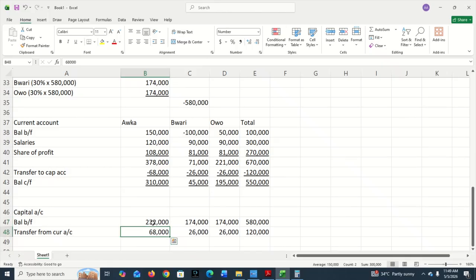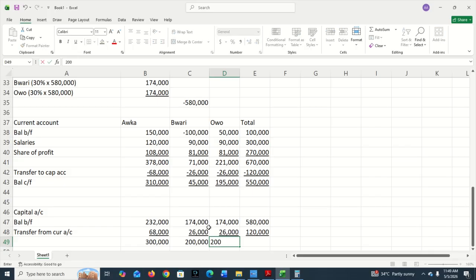So this is 300,000. This is 174 plus 26, which will give me 200,000. Then this is also 200,000. So in total, 580 plus 120 will give me 700,000 as our total capital account.